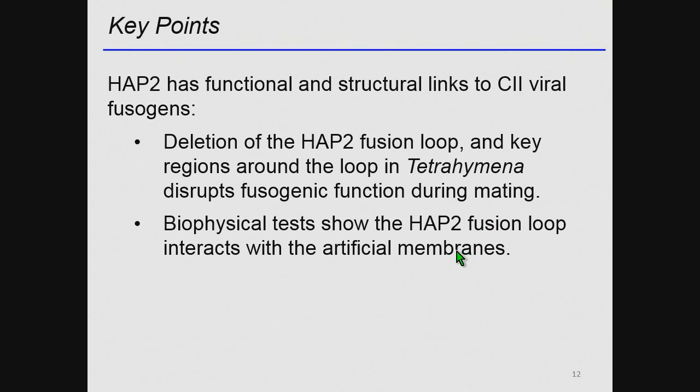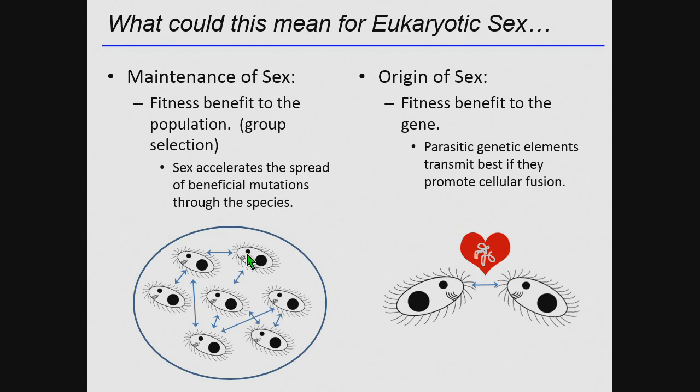And so I just want to muse at the very end here that while we know that sex is maintained in populations by endowing species with an enhanced ability to adapt to changing environmental conditions through increased spread of beneficial mutations throughout the population, this mode of maintenance is through group selection, which doesn't explain, and makes it very difficult to understand, how sex could have been initiated originally in the first cells ever to try it.